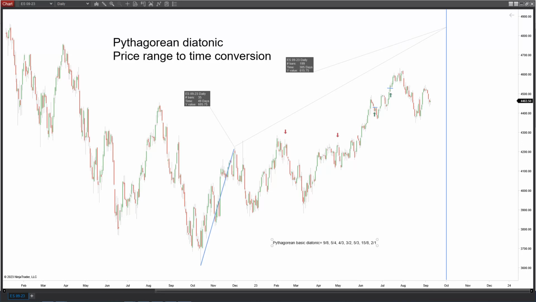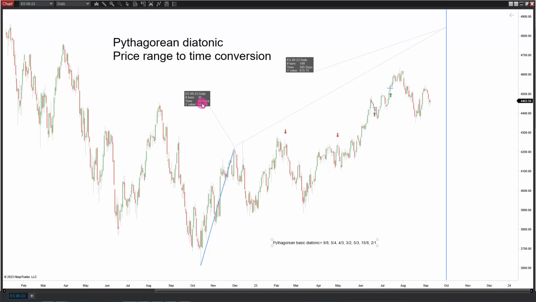So what we're going to do is take that price range and divide it out into the eighths and thirds and project those forward in time. With the 606 range, I'm just going to round that from 605.75 to 606. When I divide that by the eighths, it gives me 75.75.